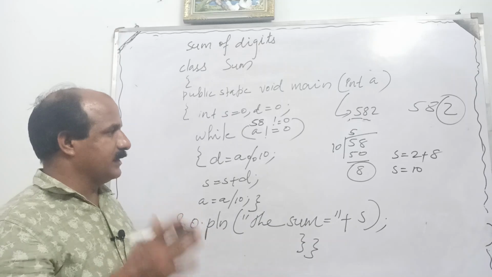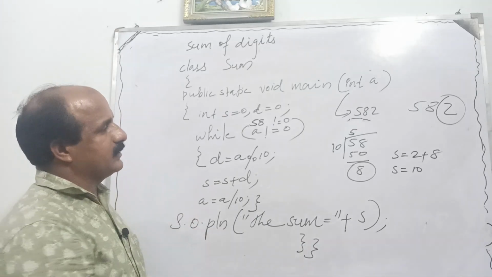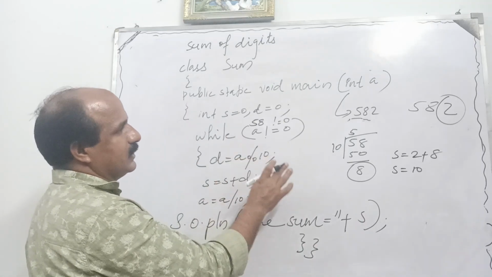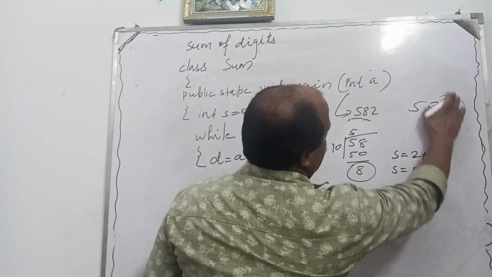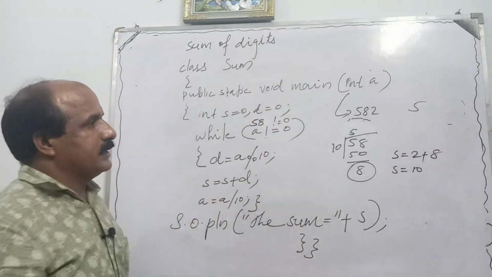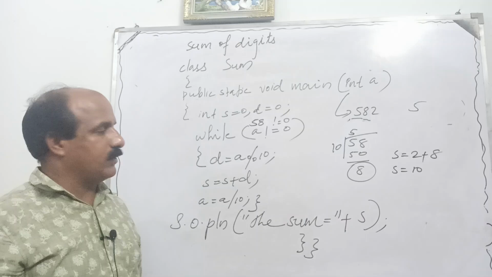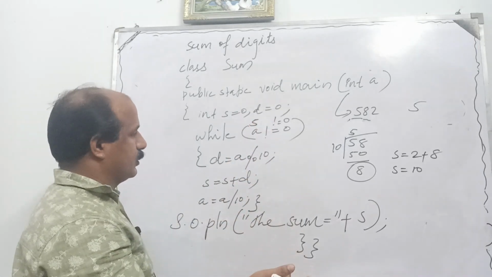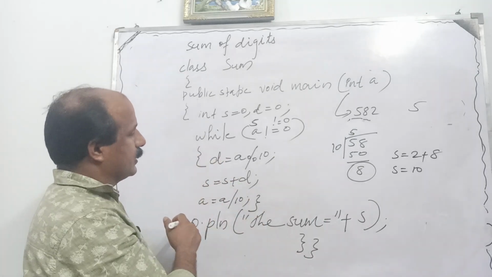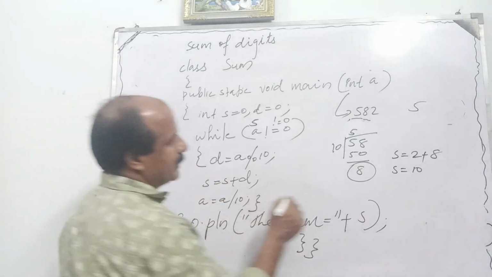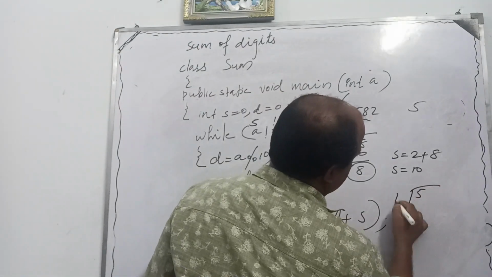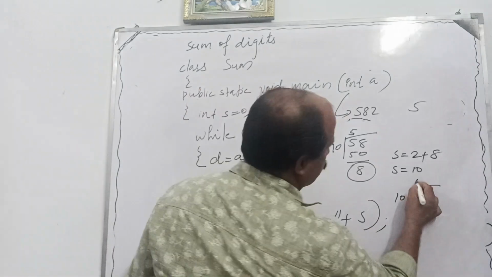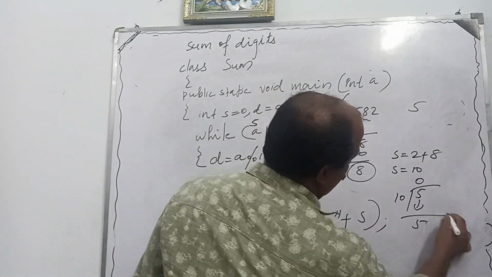Now A is equal to A divided by 10. A divided by 10 gives 5, so the new value of A is not 58, it is 5 now. Now checking: 5 not equal to 0. Yes, so again this operation is done. D is equal to A modulus 10, that means 5 divided by 10: 0 times, and this entire 5 is the modulus.